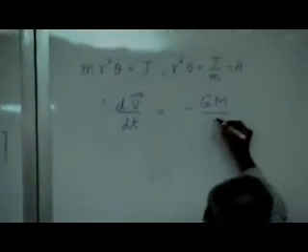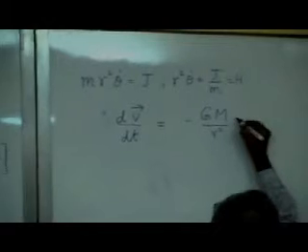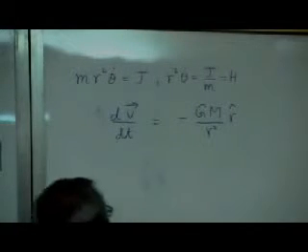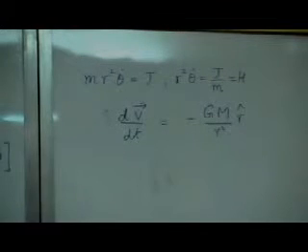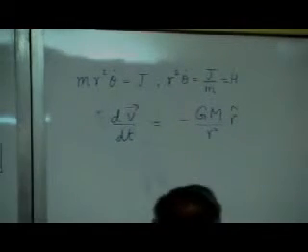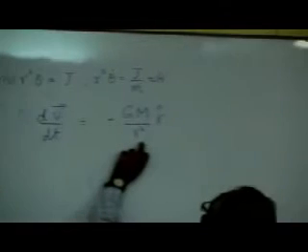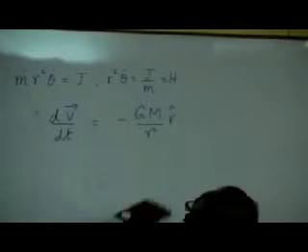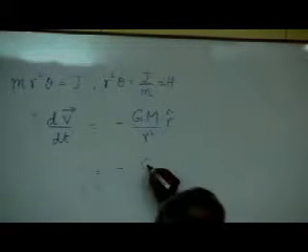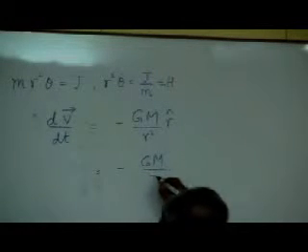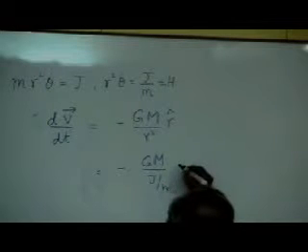I have cancelled m from both sides. So from this equation, I can write 1 by r squared as minus GM by J by m times theta dot.